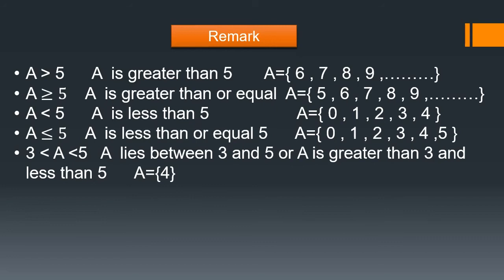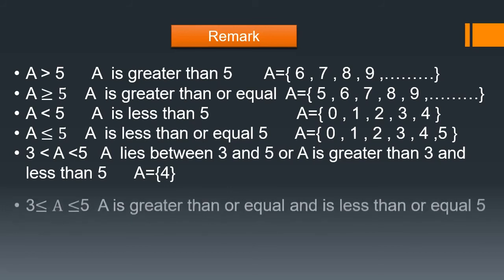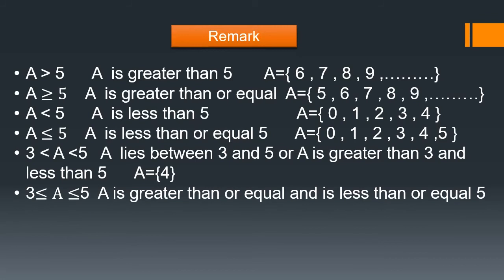A is greater than 3 and less than 5. Or I can write it in another way: A lies between 3 and 5, or A is greater than 3 and less than 5. So A equals the set of 4. A is greater than or equal to 3 and less than or equal to 5.